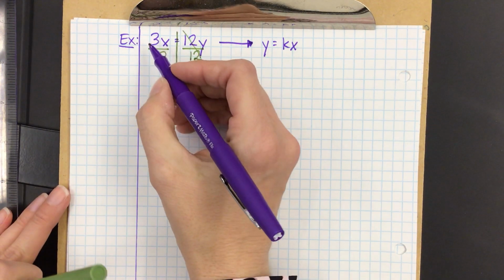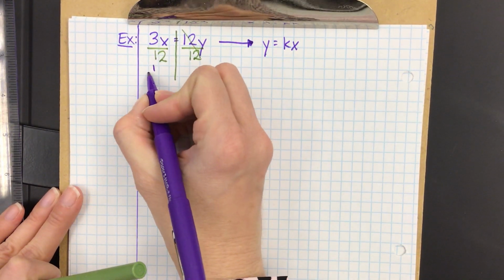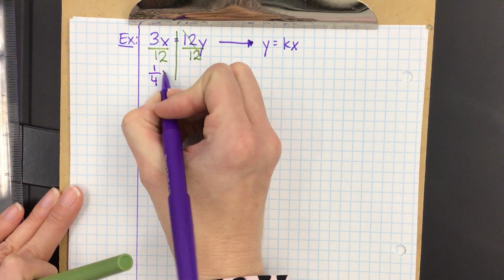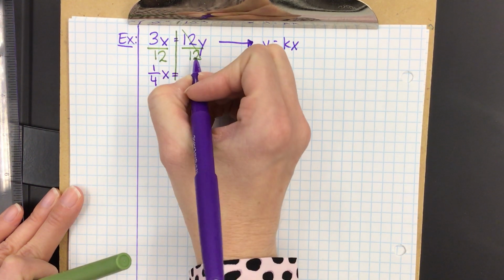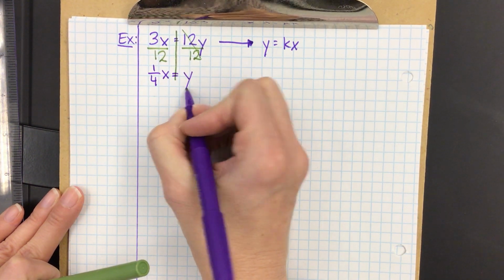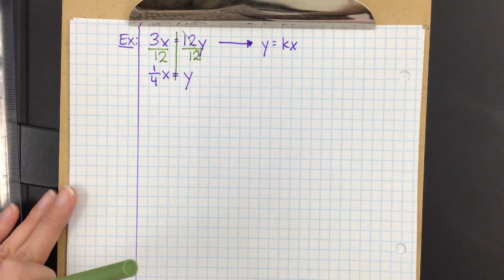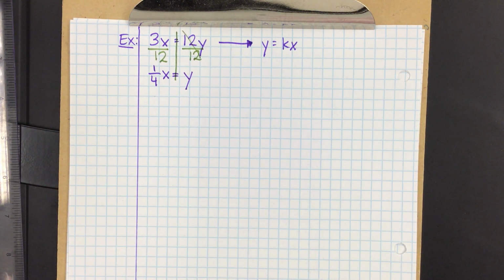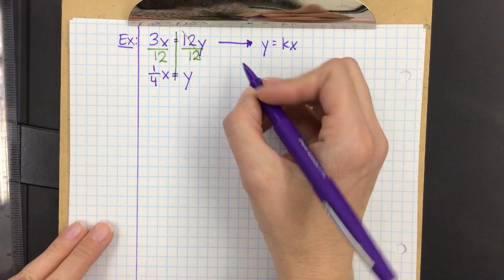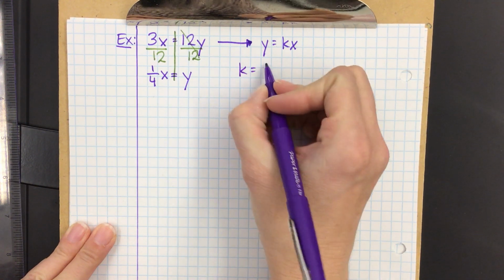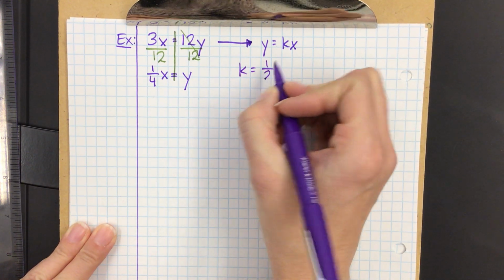Now what we have is 3 over 12 is 1/4. And then you have x. 12 divided by 12 is 1, so you have y all by itself. Now what's your constant of proportionality? 1/4. Okay? So k is equal to, sorry, not 1/2.